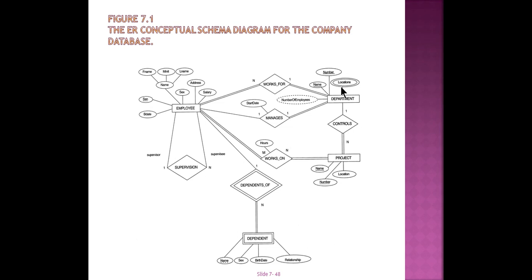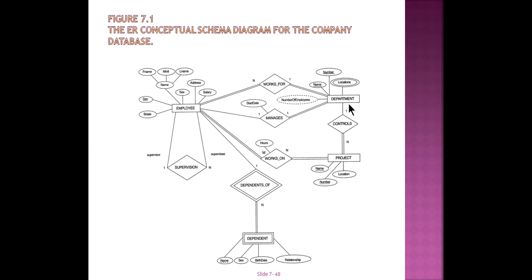So primary key of department can be placed in project. The primary key of department can be placed in employee. So the primary key of the one side, or wherever one is written, you need to identify the entity set near to that one. That is the one side, and that is included in the many side entity set.